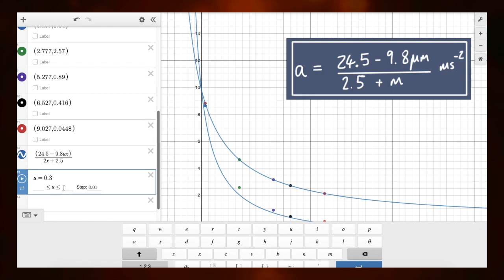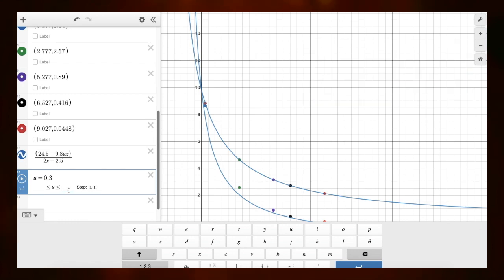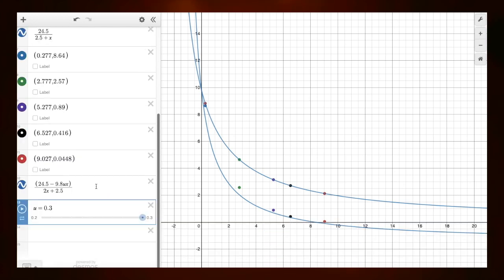It's not really worked, is it? Let's go to 0.3 because I think it's between 0.2 and 0.3. So it's looking, I would say, as a best bet somewhere about there. Okay, so from this and from our data, although it's limited, we can find that the best fit in our model is that mu has a value of 1/4 or 0.25.